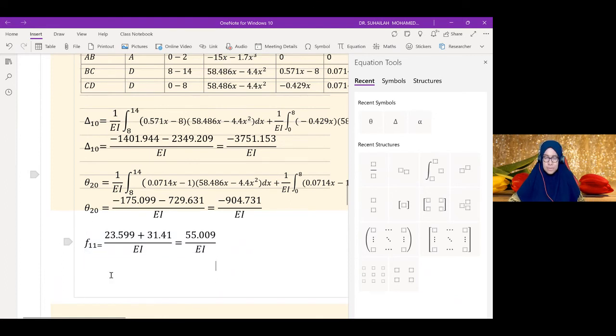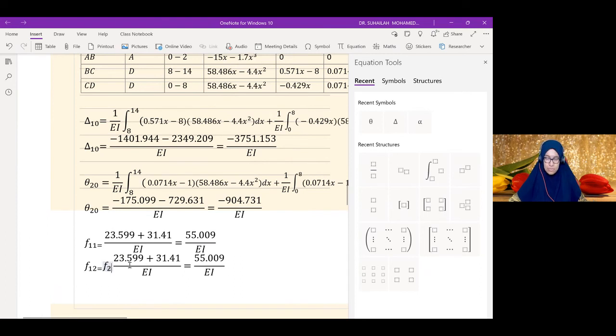Now we want to calculate F12, which is equivalent to F21, for the flexibility matrix.